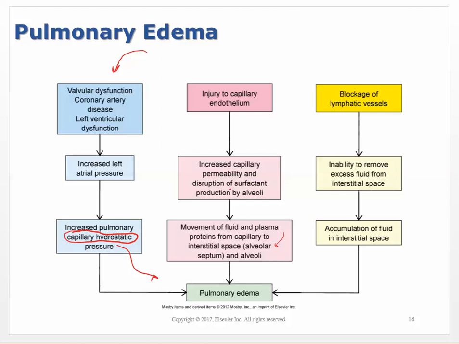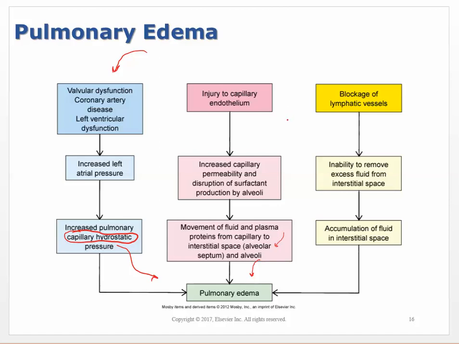Also, surfactant production by the alveoli can also be affected. But we're interested in that pulmonary edema and that fluid moving out. So that's just injury to the capillary endothelium.